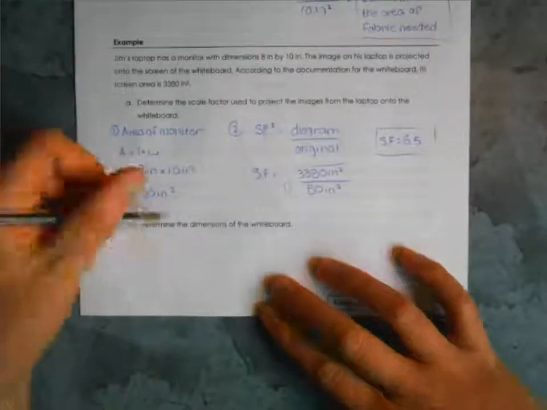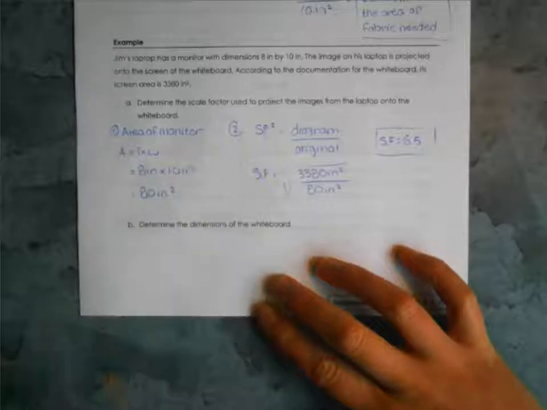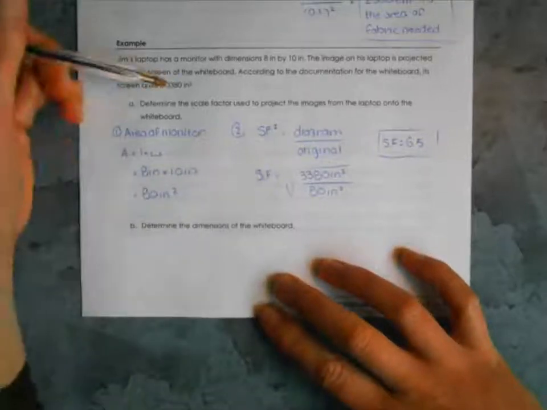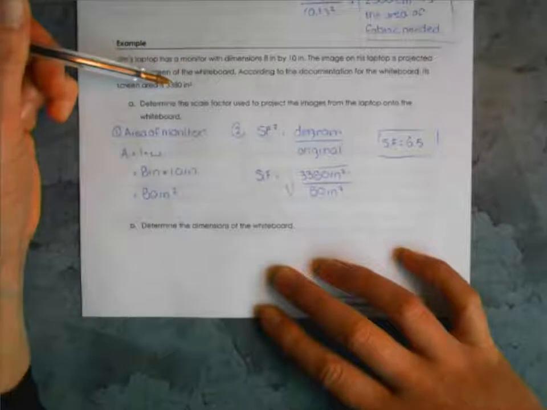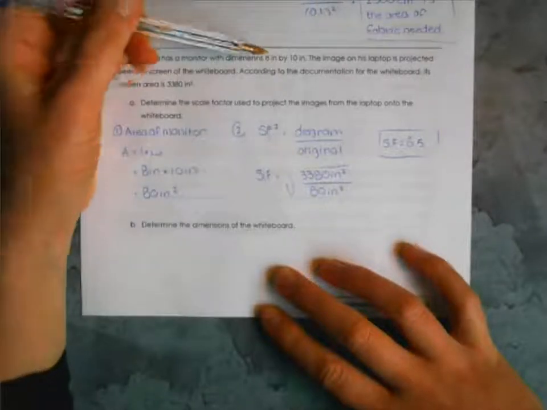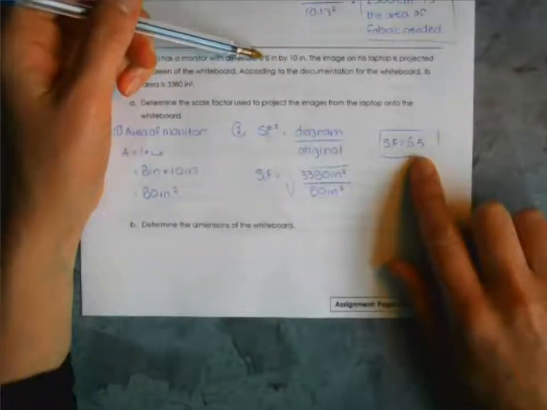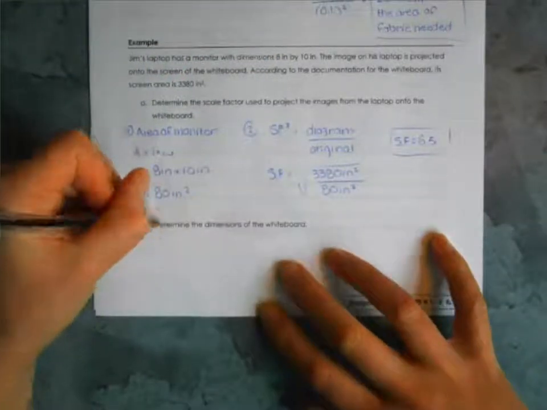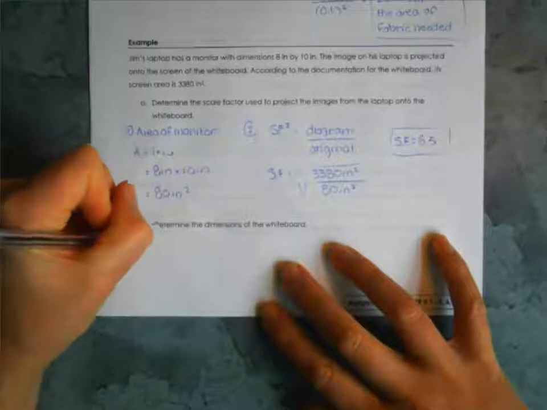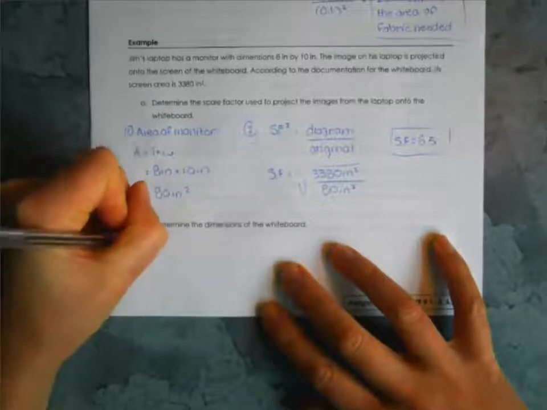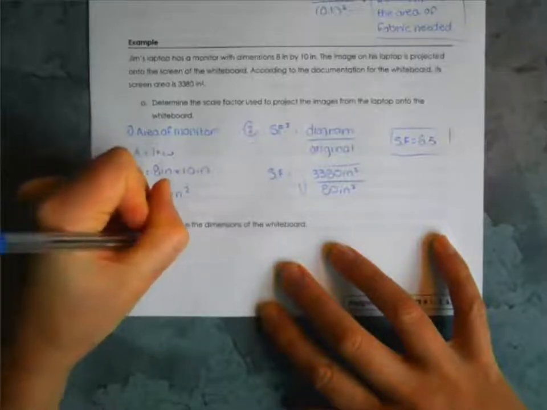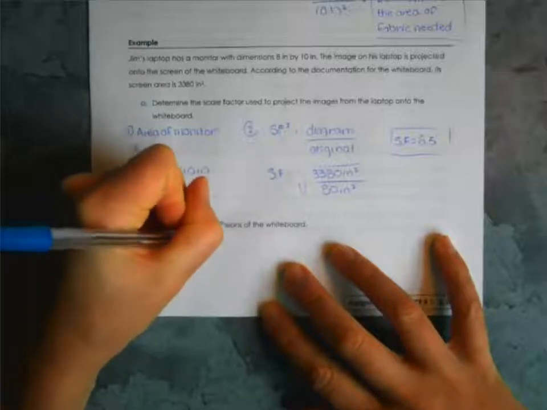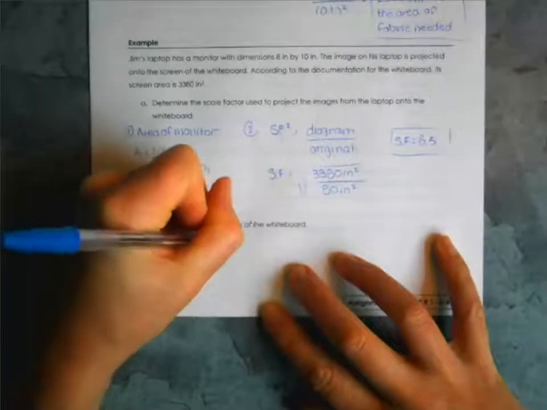So now that we know our scale factor, they want us to determine the dimensions of the whiteboard. So basically all we need to do then is, we already had the area, but now we can use our scale factor for our linear components. So in order to determine the diagram, it's going to be the original times the scale factor.